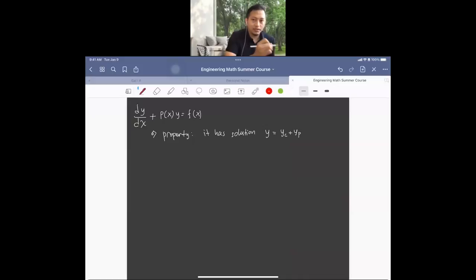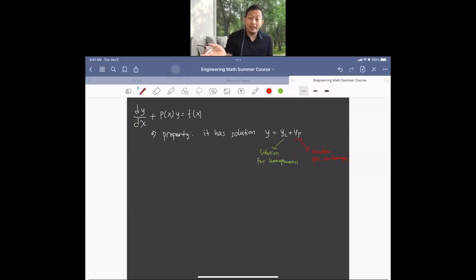So what is yc? What is yp? Yc is the solution, let me write in green, I think better green, for homogeneous, and yp is the solution for non-homogeneous.